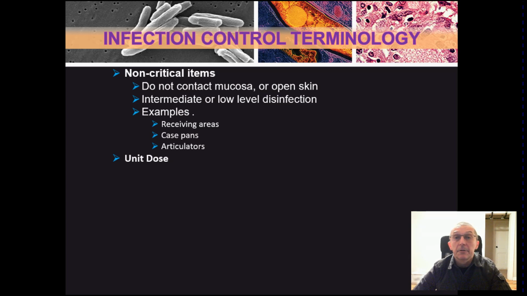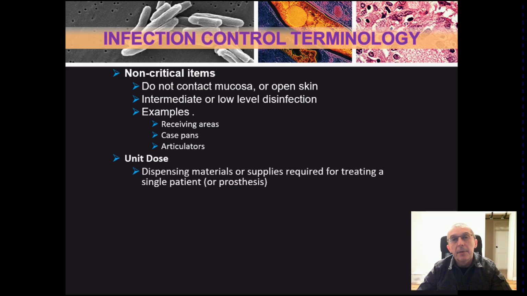A unit dose. A unit dose is basically a material that is measured out, and it supplies one single patient. Okay, so it's sort of like a pill. Like take 2 pills a day for this person, for X amount of months. A unit dose is basically the amount of something that is measured out for a patient.